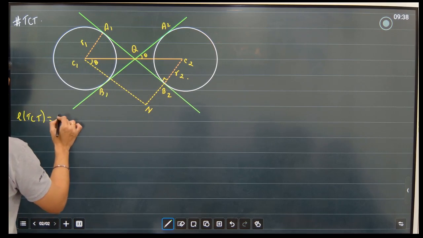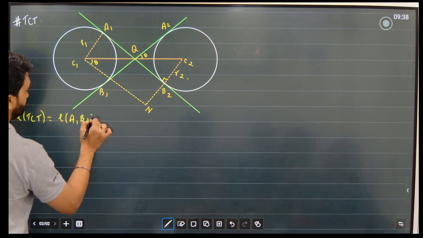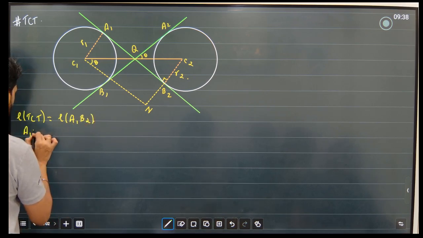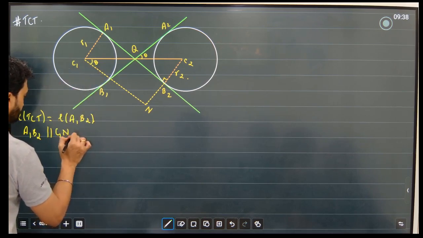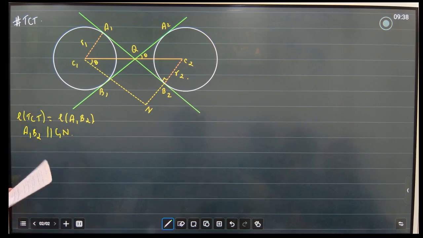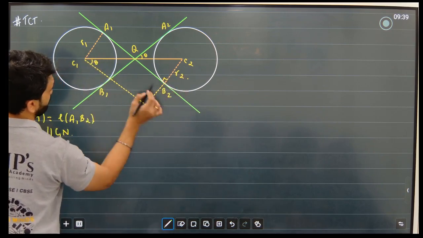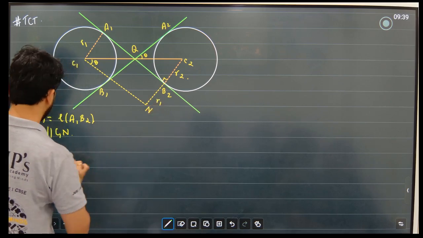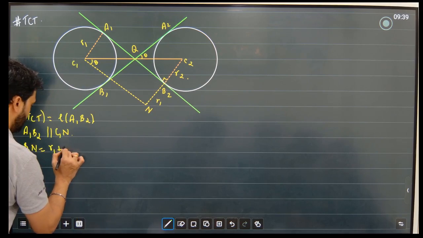The transverse common tangent is nothing but the length of A1B2. Now A1B2 is parallel to C1N, same as the previous case, and B2N will also become R1, so B2N is nothing but R1 plus R2.